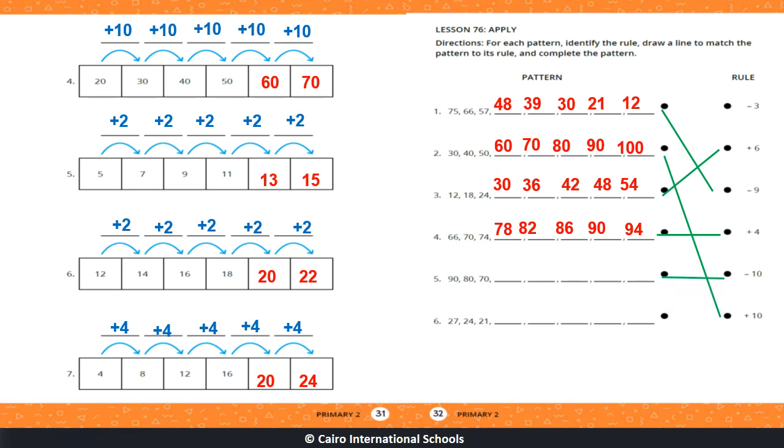So the pattern rule is minus 10. 90, 80, 70, minus 10 equals 60, minus 10 equals 50, minus 10 equals 40, minus 10 equals 30, minus 10 equals 20. You can complete the last one by yourself.